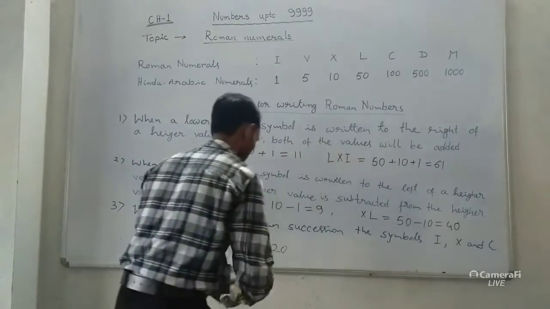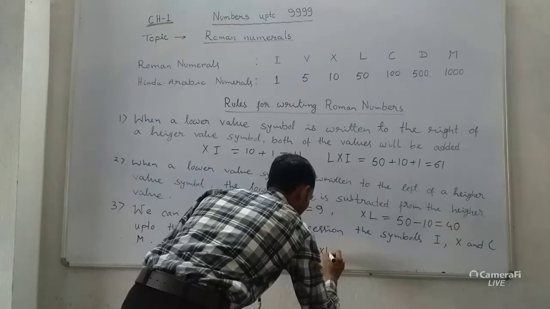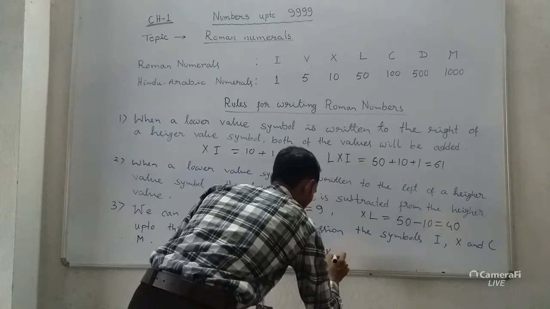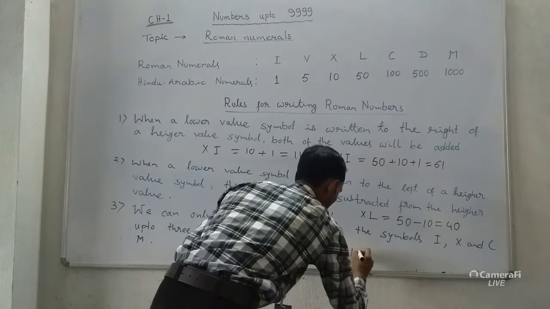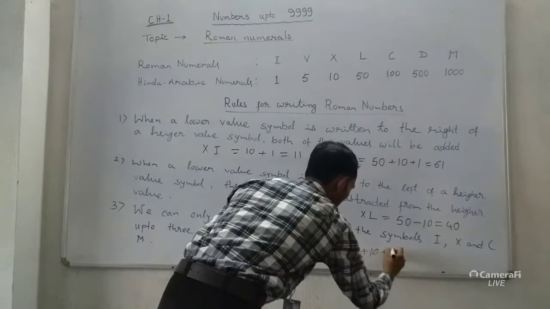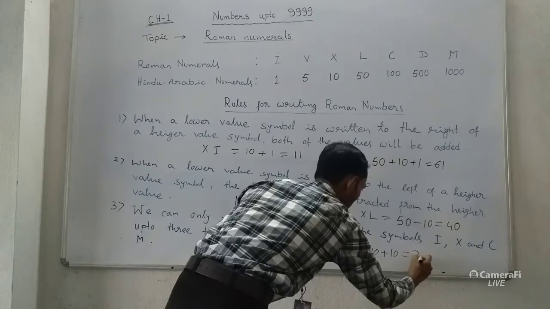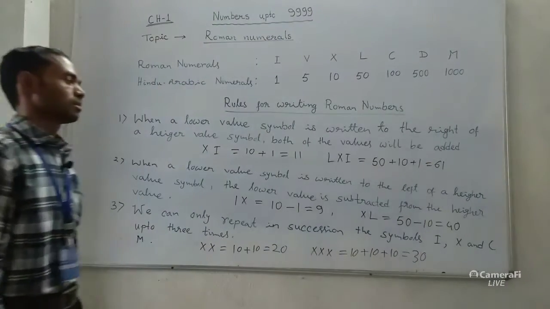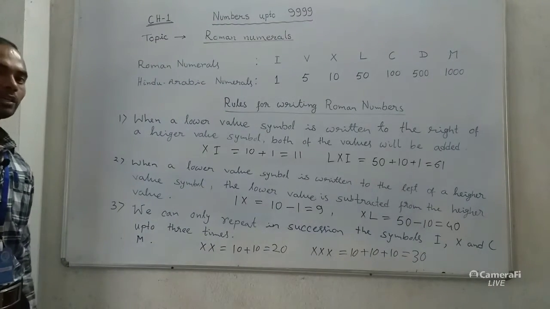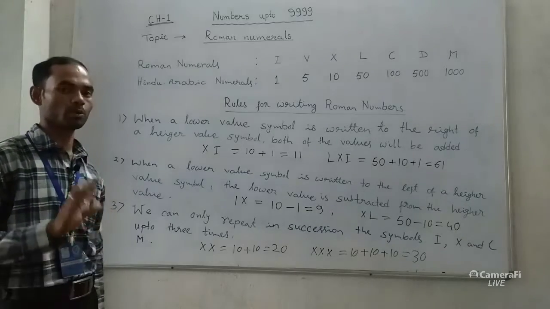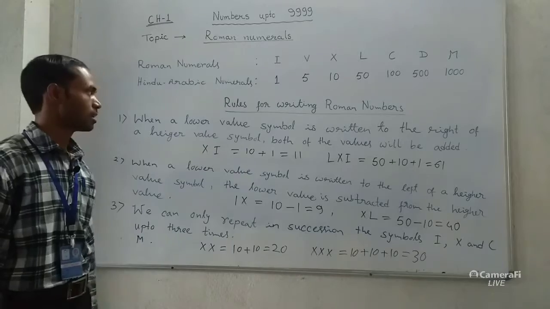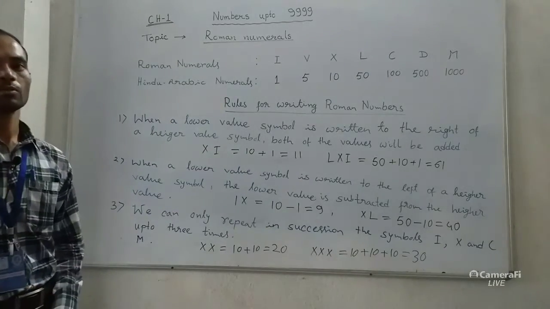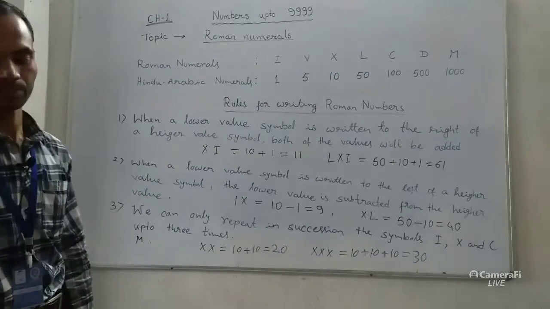Again X, so that is 10 plus 10 plus 10, 30. So in this way you can repeat a maximum of 3 times, but 4 times or more than 3 times is not allowed. So these are the rules for writing Roman numerals.